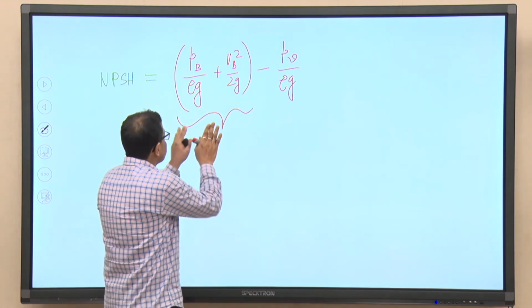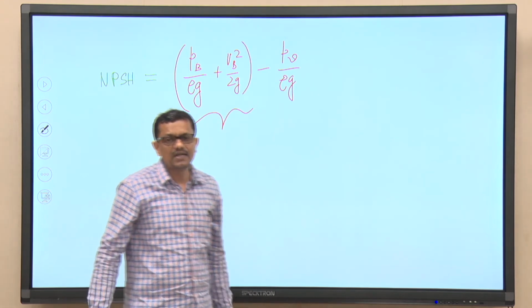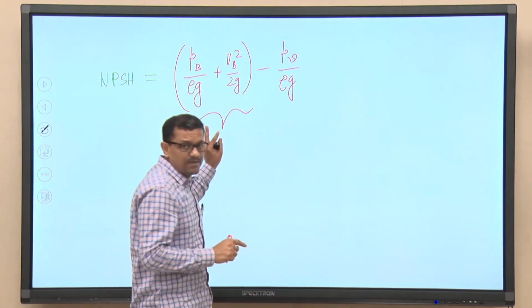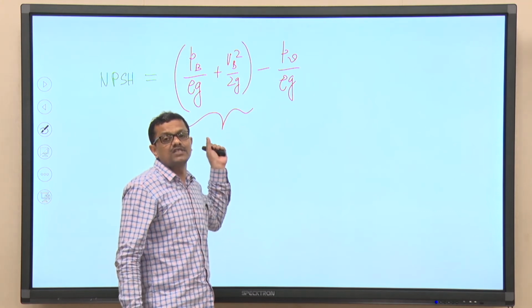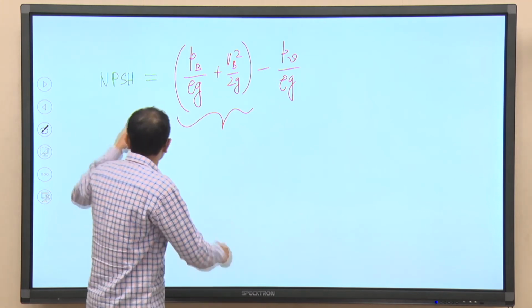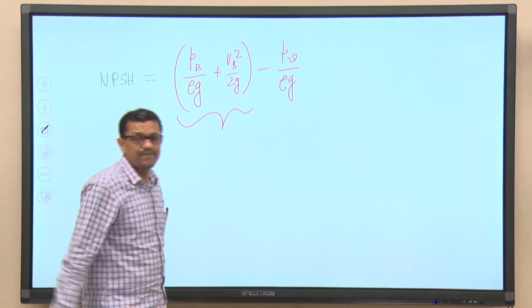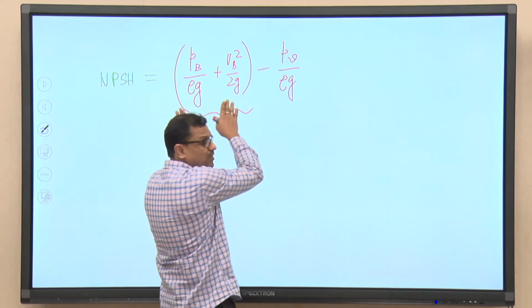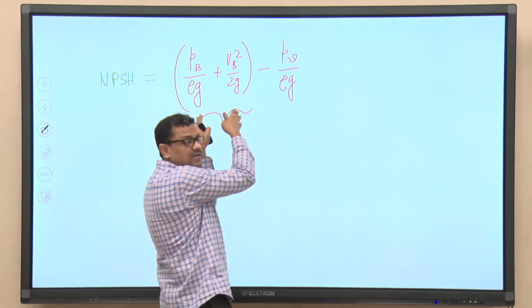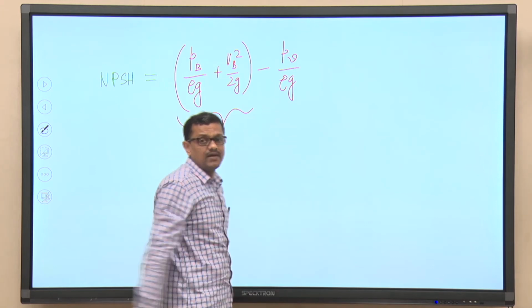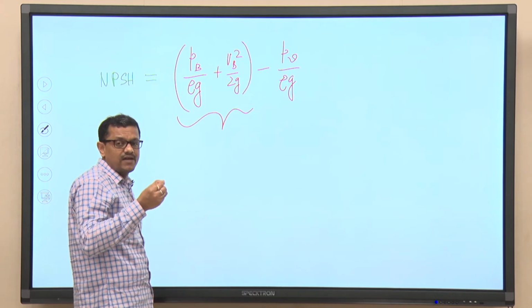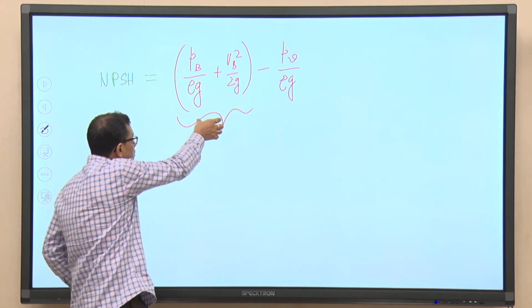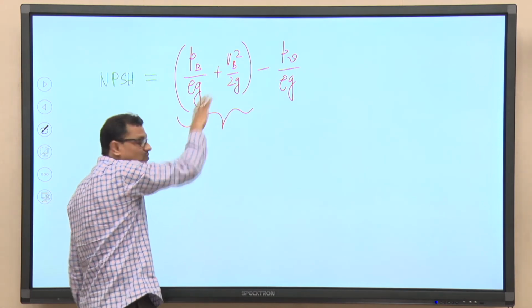Now, you can understand this must be positive to avoid cavitation, and that is why it is known as net positive suction head. The word positive comes from the fact that this quantity should always be positive. If this quantity becomes negative, then definitely cavitation will be there. So the word net here is slightly different from the total head that we discussed in the context of the first two quantities.